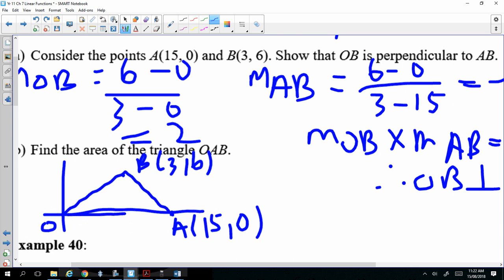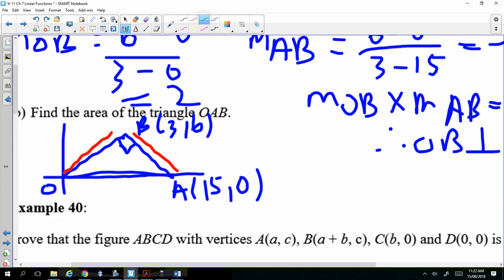That will be the easiest one, because sometimes you may think, oh, it's a right angle triangle, let's find the distance OB, find the distance BA, and multiply them. That will take a long time. It's easier if you just go this way. This is 15, right? What's this height? 6. Can you see how quick it is? Instead of finding distance, the area is half times base times 6. Amazing. All right, 45 square units.